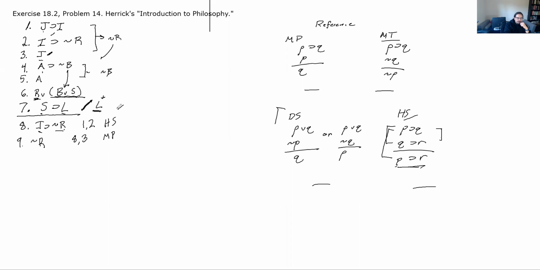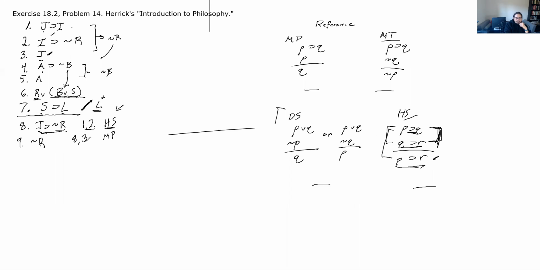What I'm doing over here is saying which lines I'm using, which lines of hypothetical syllogism match this original form. So line 1 is the first line here. Line 2 is the second line here. And then this is the conclusion from there.